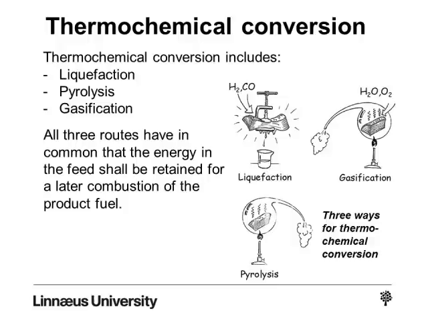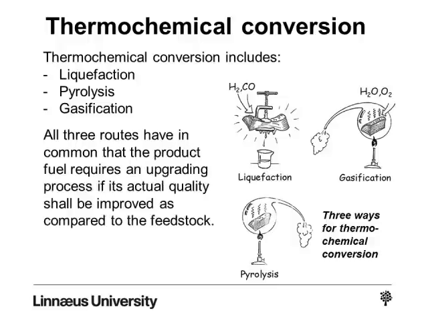So it is essential that the energy input to the processes and the energy losses from the processes are not too big. The product fuel requires an upgrading. That is, it requires that you take away the contaminants and the ballast that was originally found in the feedstock if you really want to arrive at a fuel upgrade.